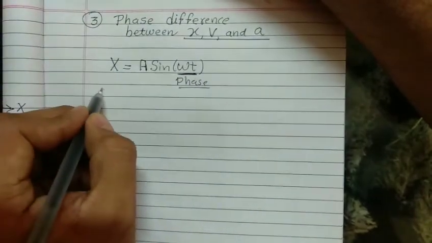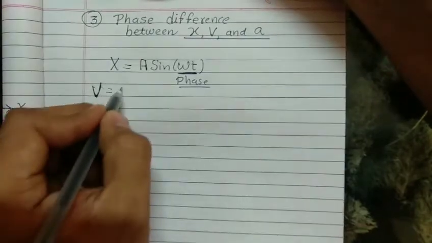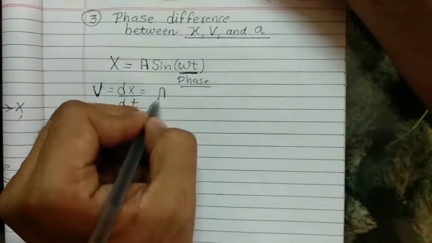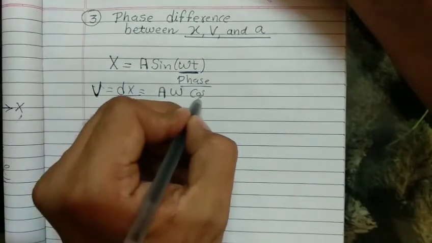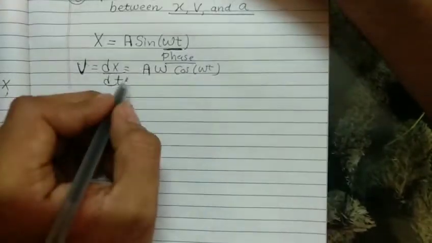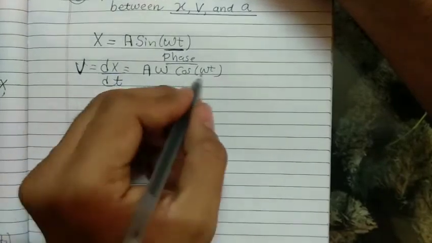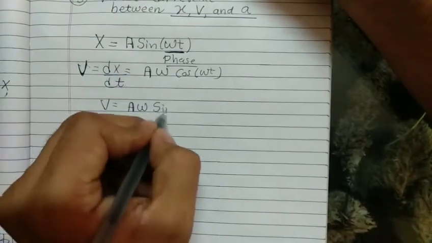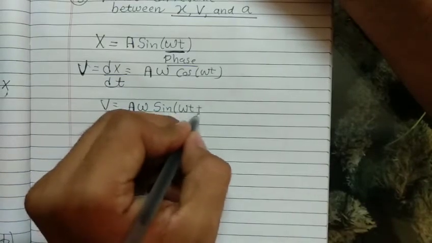Now if you take a derivative of this x, you will get the velocity, right? Velocity is dx by dt. So once you take the derivative, it becomes a omega cos omega t. We can write this as a omega sine of omega t plus pi by 2.